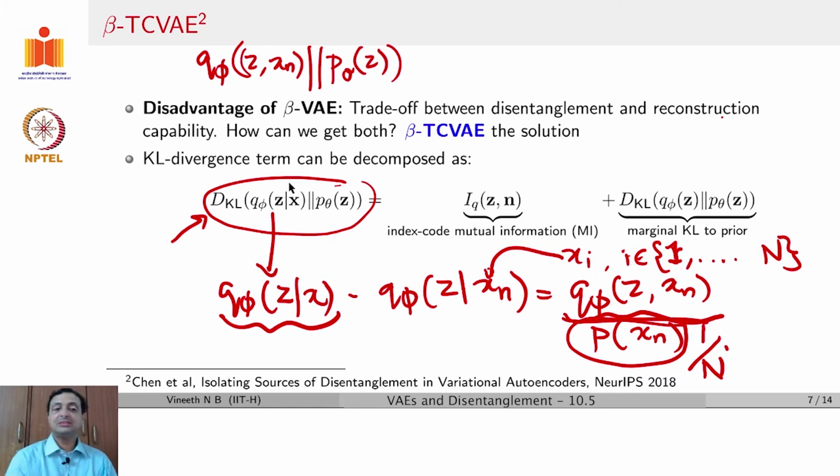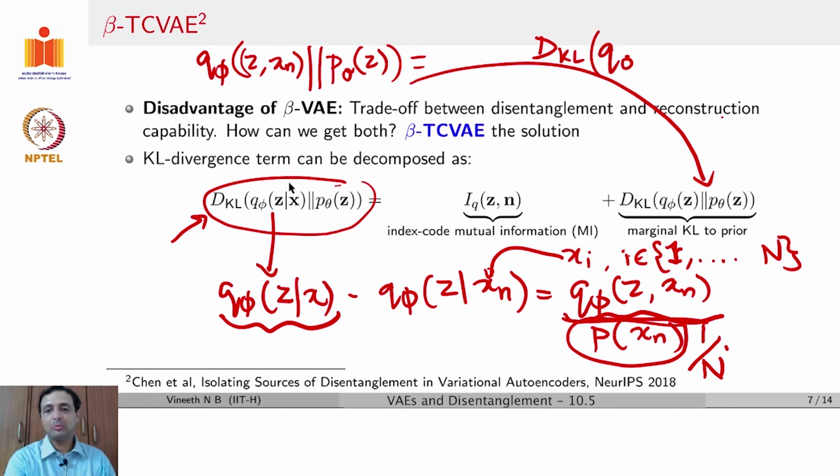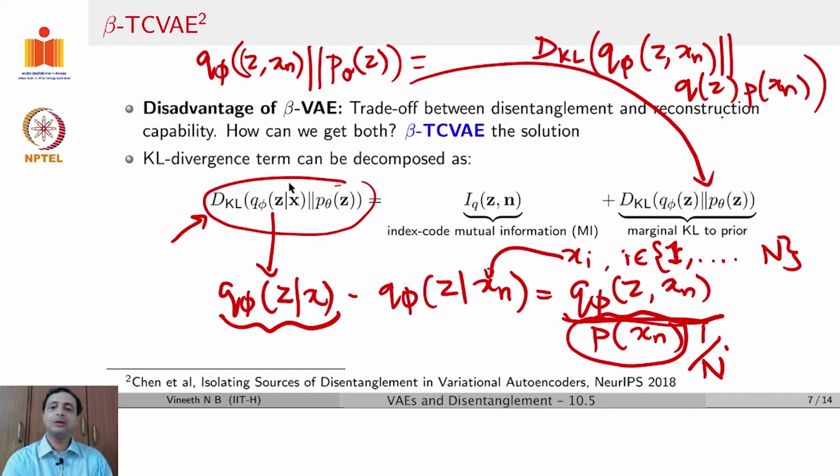And the first term here, q phi, can now be broken down into two parts. One, the KL divergence between the marginal on z with respect to the prior, and the second term would be a KL divergence between the joint distribution z, xn and the product of the marginals q of z times p of xn.